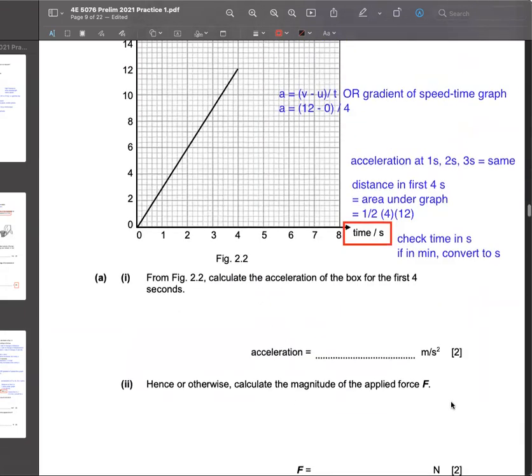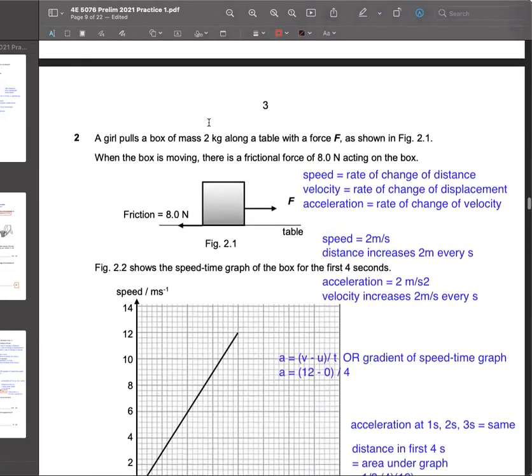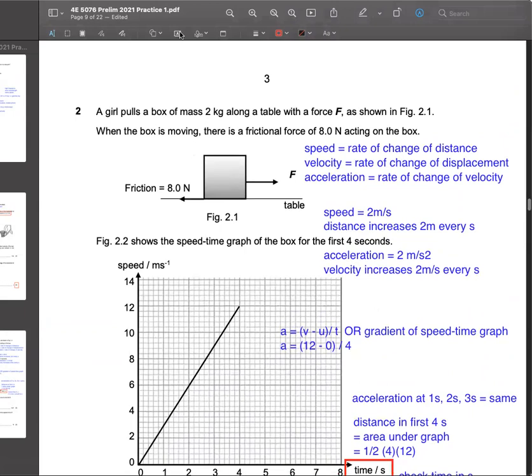Now, what is the magnitude of the applied force? What's the resultant force here? F equals ma. Resultant force equals F minus friction equals ma.